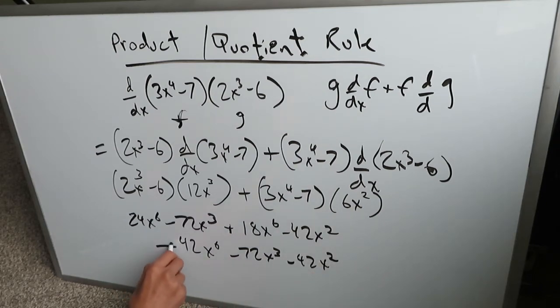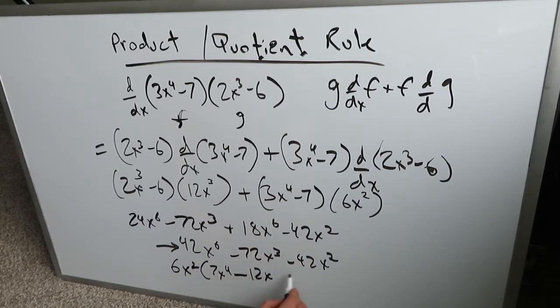You can say this right here is your final answer, or if you wanted, you could isolate a coefficient number and you could isolate x squared and present a final answer, and maybe we can just do that. It would be a 6. You could isolate 6x squared, and then here you'd have a 7x to the 4, and here you'd have a 12x, and here you'd have a 7, and you'd be done. This right here would be your final answer in the simplified form.